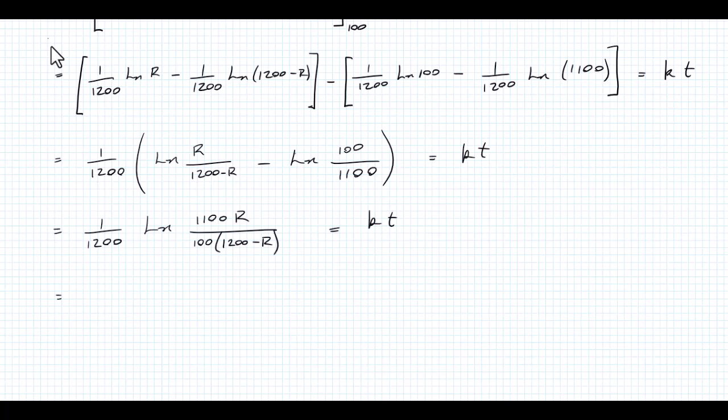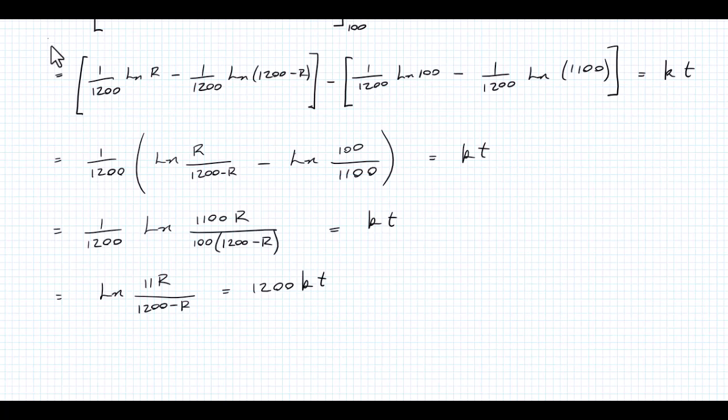So the next thing I'm going to do is divide the 100 in here, and I'm also going to multiply both sides by 1200. So on the left hand side I get log 11R over 1200 minus R. On the right hand side I get 1200 kt. Okay, so really I think that's about it.